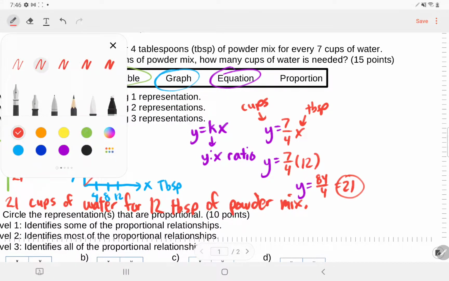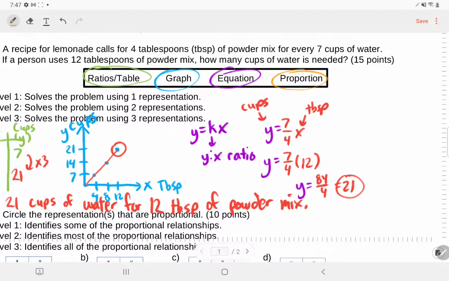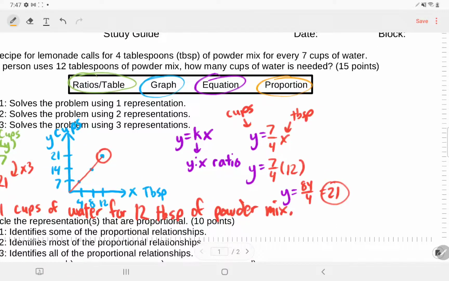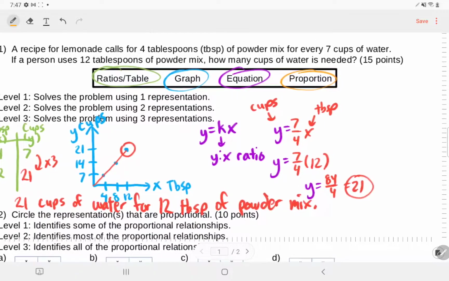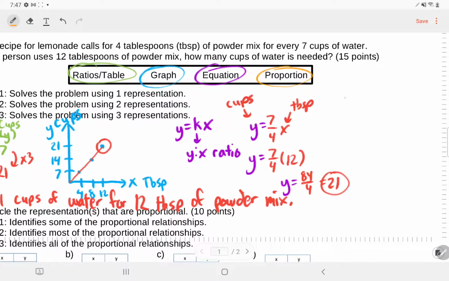Last but not least, we're going to solve it using a proportion. So let's use orange in this case. So if we're solving as proportion, we want to set up our proportional fractions. We know that for 4 tablespoons, we have 7 cups.